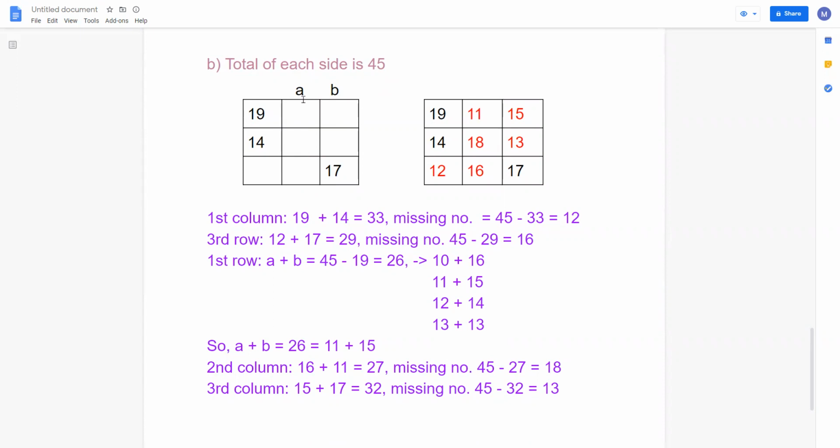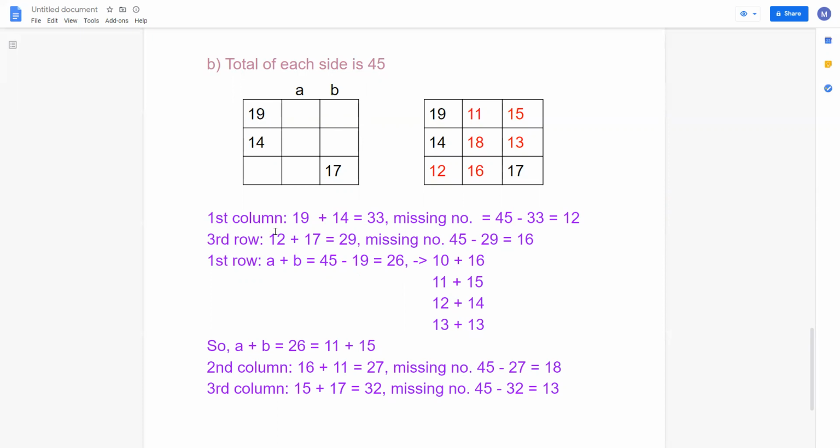For an easy way, in the first row, I have taken the two missing numbers as A and B, which I have written on the top. Now see, this is the first column. Two numbers we already know, 19 and 14. So find the sum of those two and subtract it from the total 45, then you will get the missing number.